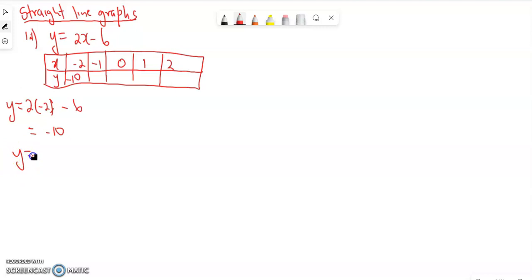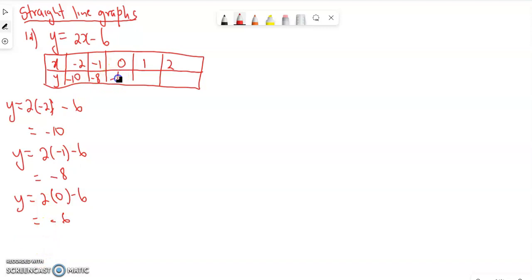Then y is equals to 2 into -1 minus 6. So this is -2 minus 6, which is -8. So the value here will be -8. Then y is equals to 2 into 0 minus 6, where the answer is 2 times 0, which is 0, minus 6, which is -6.